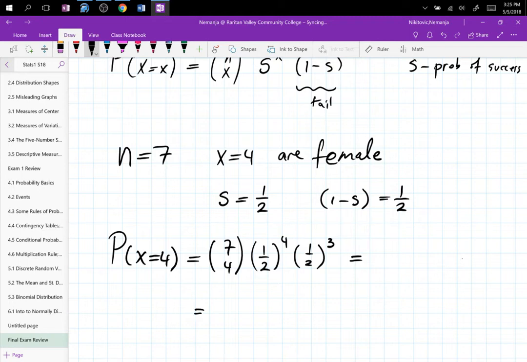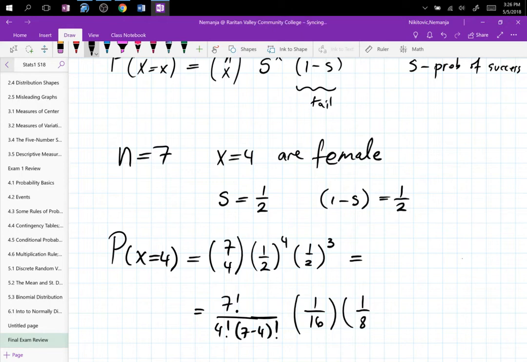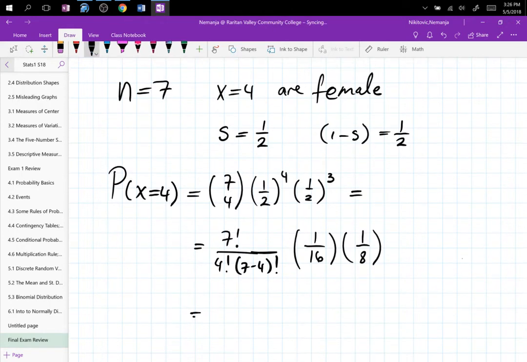So we have 7 factorial divided by 4 factorial times 7 minus 4 factorial, which is 3 factorial, times 1 over 16 times 1 over 8. 7 factorial is going to be written as 7 times 6 times 5 times 4 factorial, which cancels, and then 3 factorial is 3 times 2.